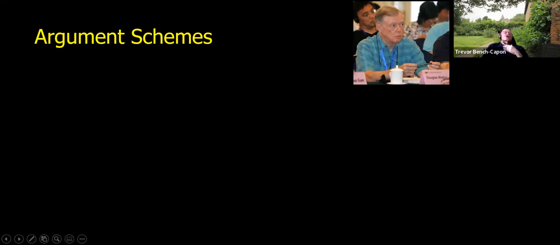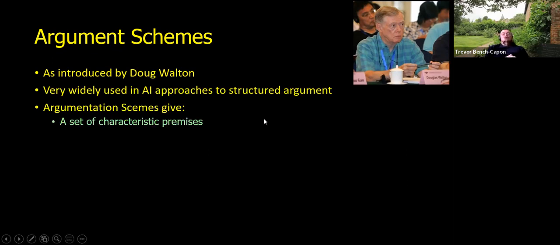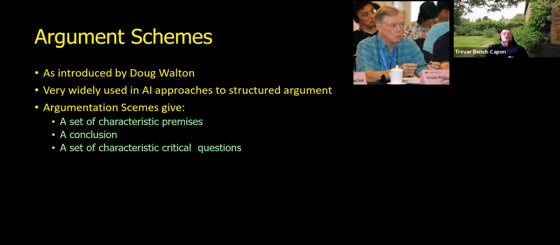The approach I take in this book is to use argument schemes. These are used by Walton, and they're widely used in AI approaches to structured arguments. An argument scheme is a set of characteristic premises, a conclusion, and importantly, a set of characteristic critical questions which can be used to challenge the conclusion.